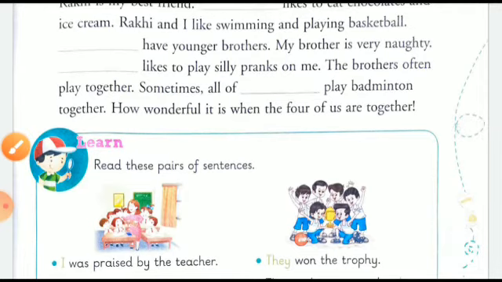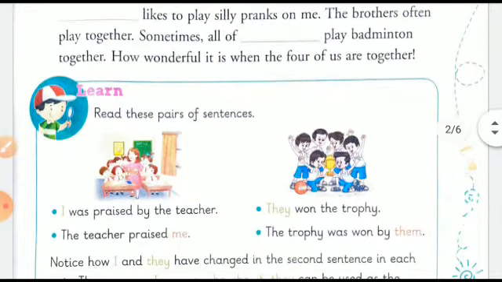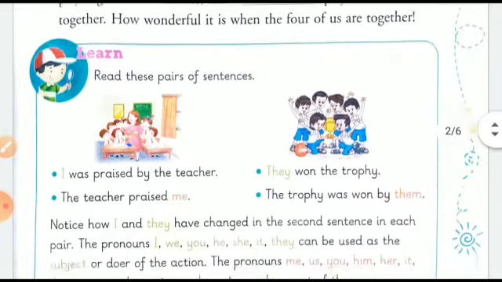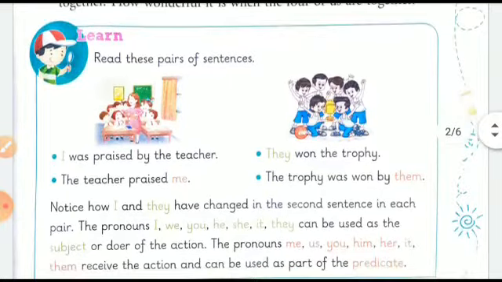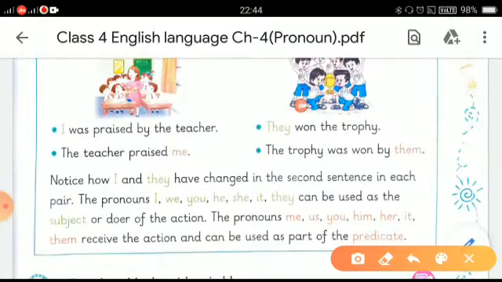Now let's read the pairs of sentences. In the first picture, just see some of the examples, some of the sentences are given, such as I was praised by the teacher. I is a pronoun.